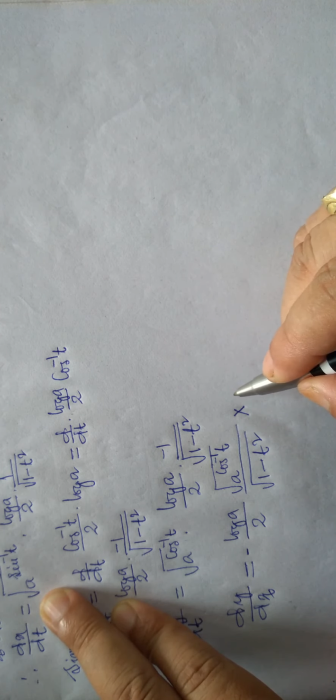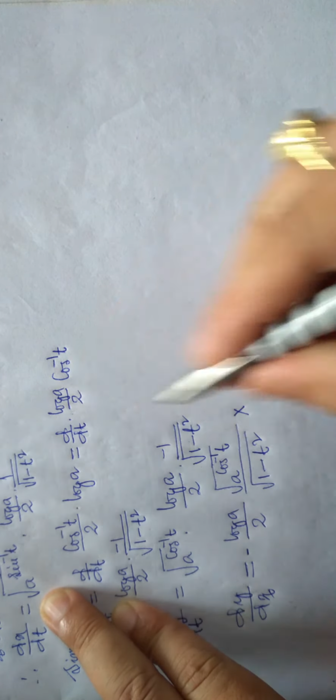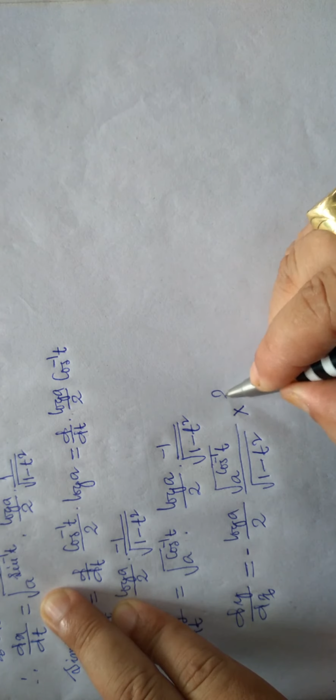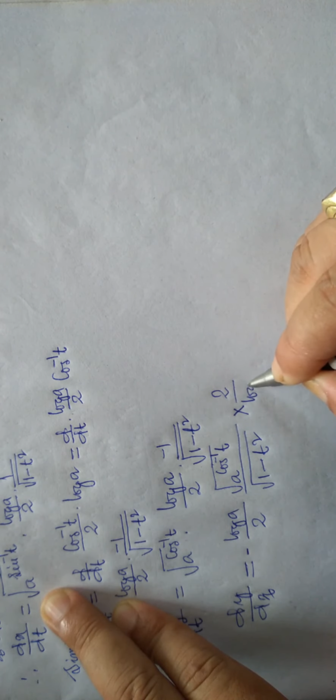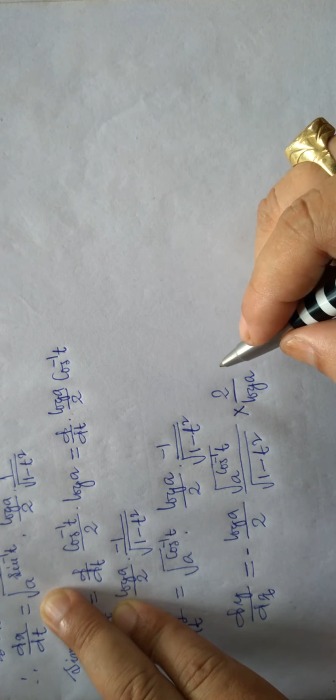The reciprocal of log a by 2 is 2 by logarithm a. Why not we are going to write it over here.